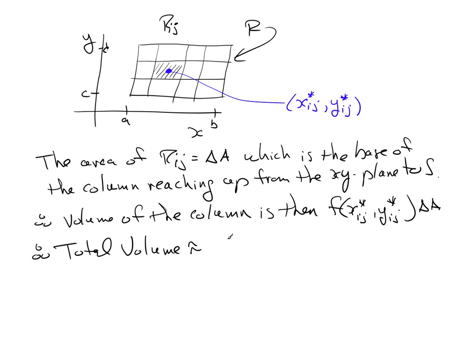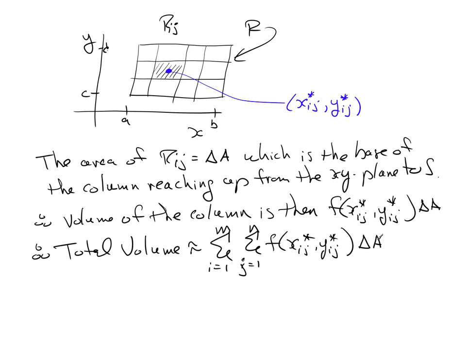Therefore, I can say that the total volume is approximately equal to the sum i equals 1 to, say, m, then the sum j equals 1 to n of f of xij, yij times delta A. This is simply a double sum, so I add up all the volumes by rows and columns.